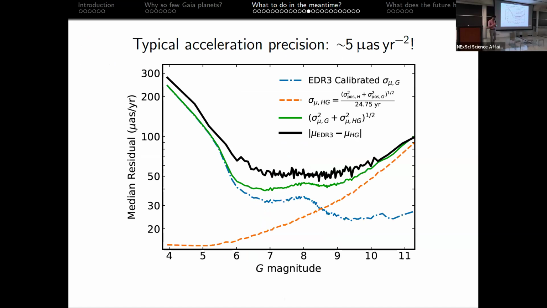At the end, we get remarkable acceleration sensitivities. I put a unit up there, 5 microarcseconds per year squared. A microarcsecond is very, very small. So 5 microarcseconds, if you want it in radians, is something like 2 times 10 to the minus 11 radians.